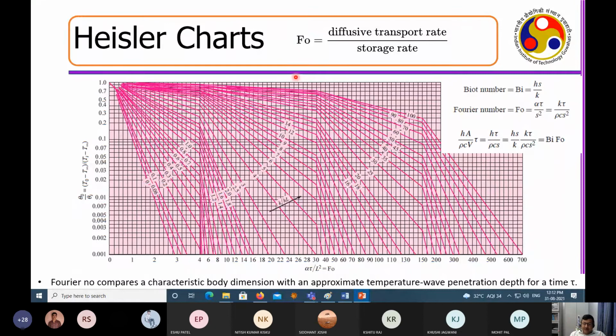And then once you prepare the plots, suppose you are manufacturing a car and you need to know what exactly is the rate of heat transfer from the engine of a car. So you prepare a Heisler chart, which is representative of that engine, with a particular geometry, and preserve that chart and make use of it whenever you bring in that geometry.